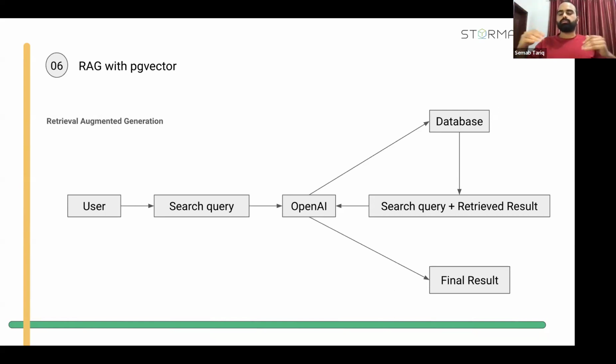Once we have our top 5, top 7 similar results, we can pick the most similar one, or we can combine them. Then we combine the initial search query and the retrieved result from the database and pass it again to our LLM, maybe ChatGPT, in order to generate more accurate results for our initial search query.